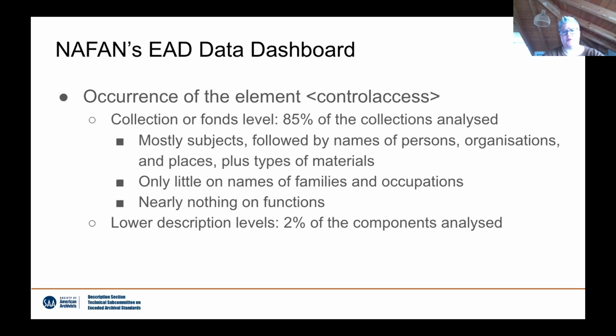On the lower description levels, however, on the different components, only 2% of the components analyzed in that whole data set that NAFAN looked at had controlled access points. So there already is a focus of where controlled access points are currently used, at least in the US context.